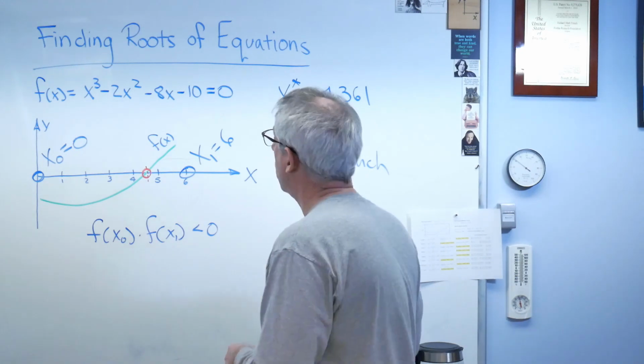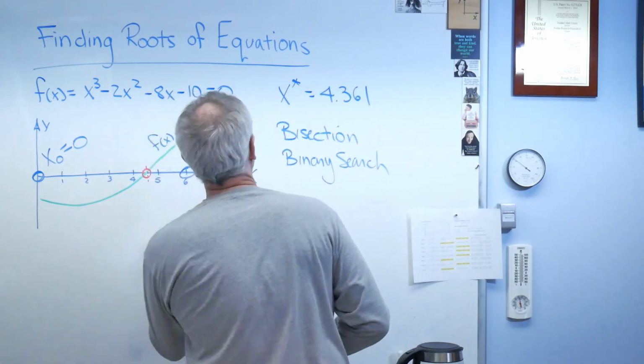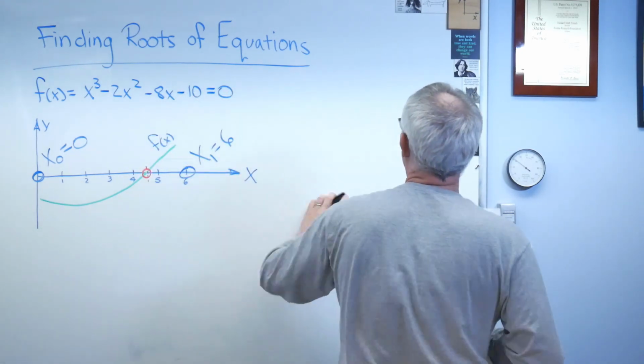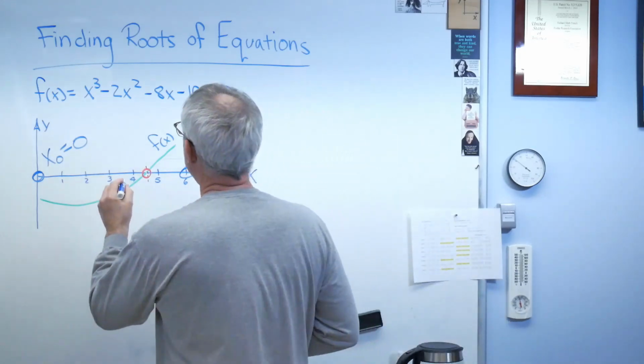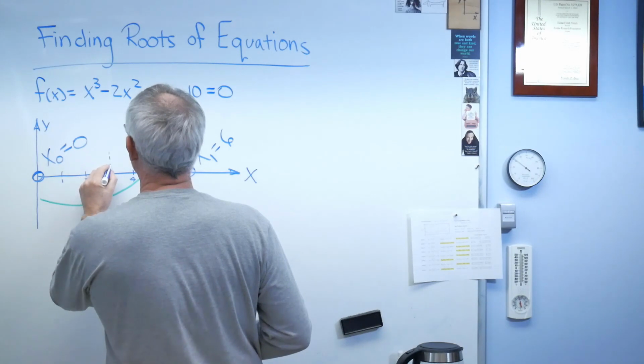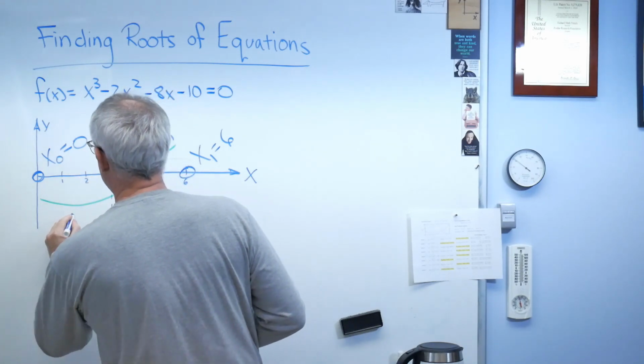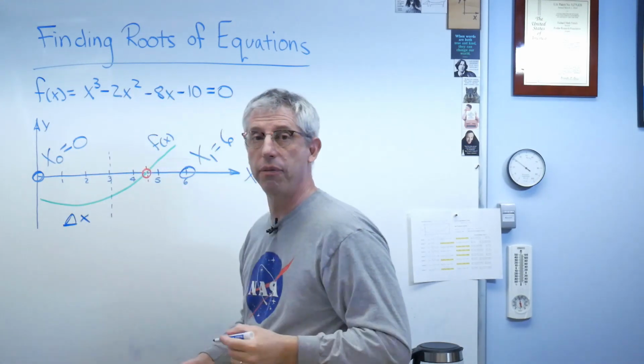Okay, so I've got a range here from 0 to 6. So I'm going to divide that range in half. Okay, and delta x is going to be half the range.